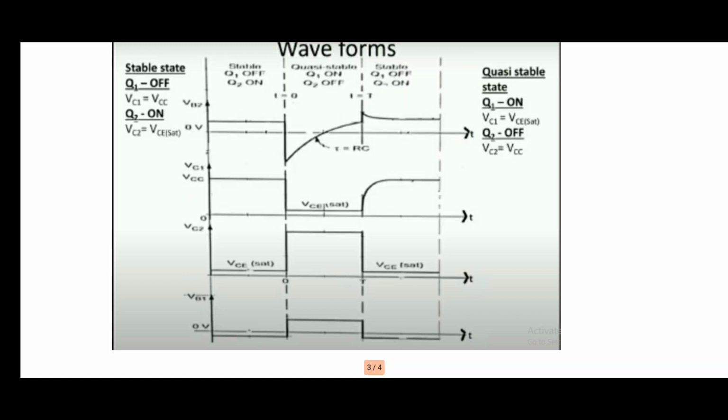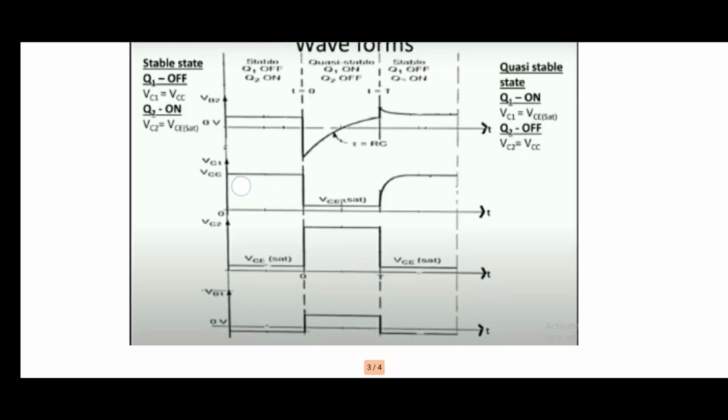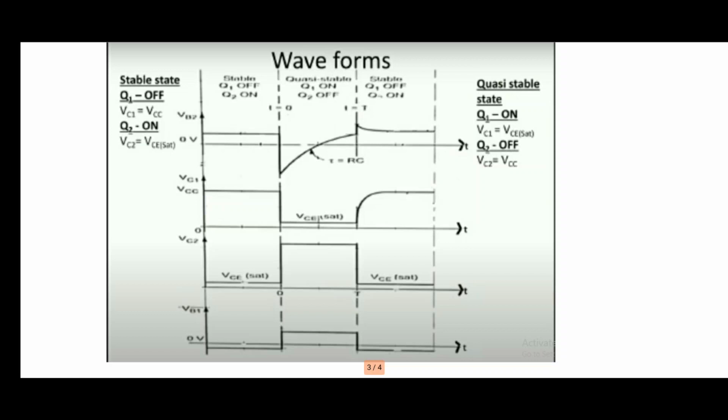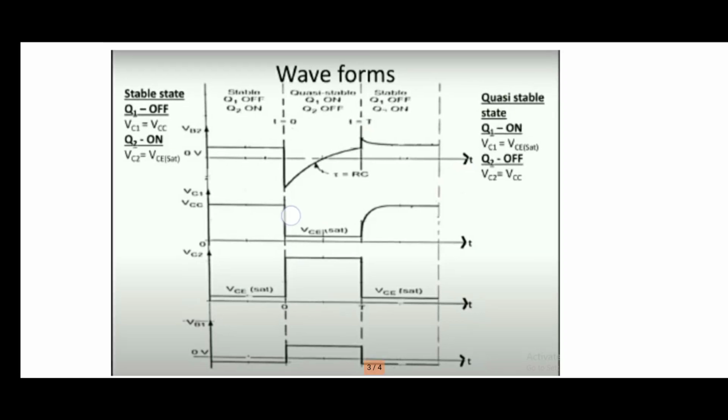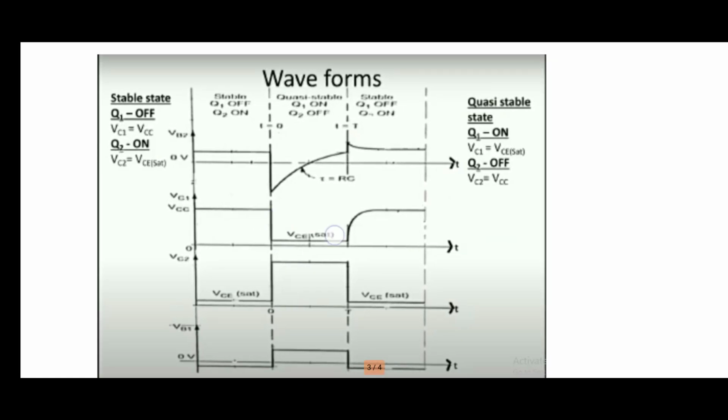Q1 is off and Q2 is on, so VC1 equals VCC. In the quasi-stable state, VC1 equals VCE saturation. It enters into the saturation region, so VCE saturation, and again it goes to VCC from VCE saturation.